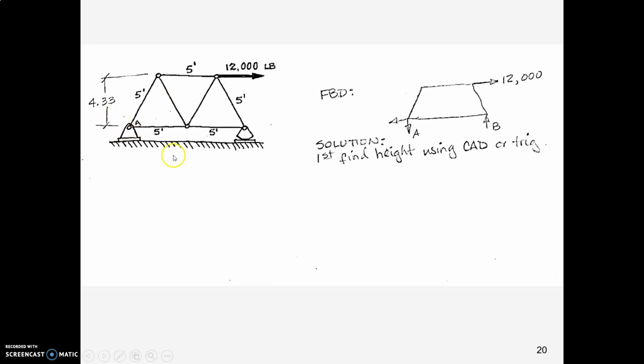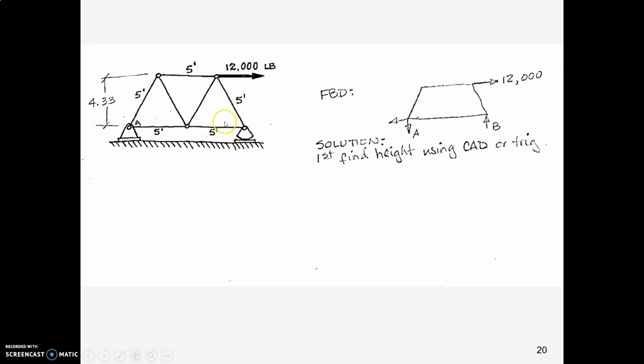Okay, I figured 4 1/3 feet. That's great. How did I do that? Well, each triangle has a side that's 5 feet long. So notice that all of these sides are equal. And what that tells us is that we've got an equilateral triangle, or a bunch of equilateral triangles, because each side is the same length.